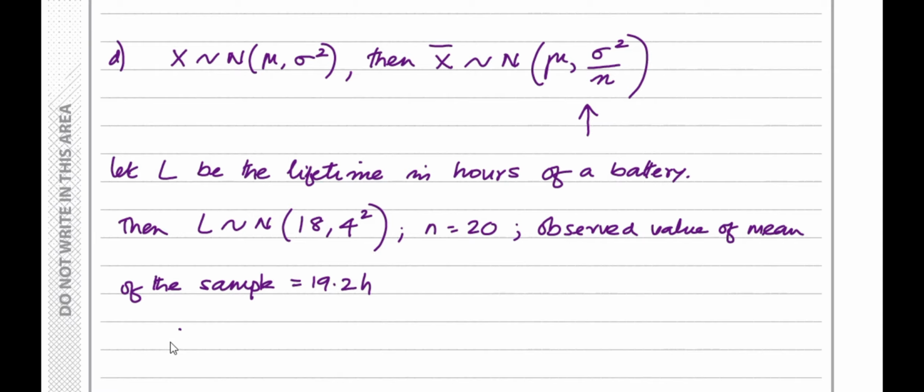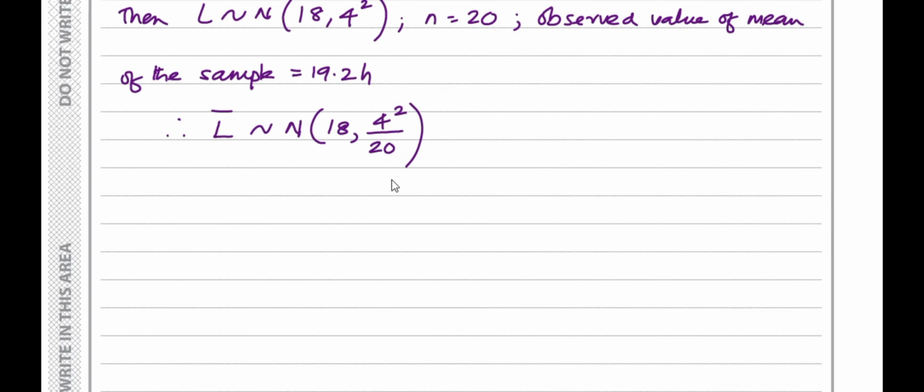Therefore, the sample mean L bar will follow normal distribution. As per this formula, we will write 18 here, the original mu, and sigma square will be 4 square upon n, which is 20. This part in the formula is the variance, right? But to put in the calculator, we need sigma, and therefore we can say sigma is equal to square root of this variance, 4 square over 20.